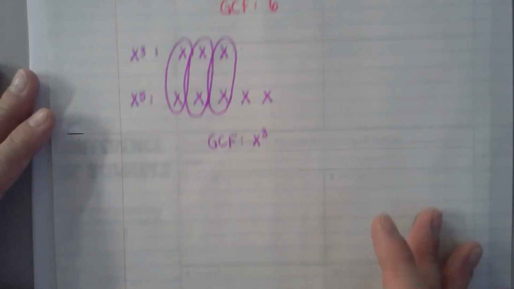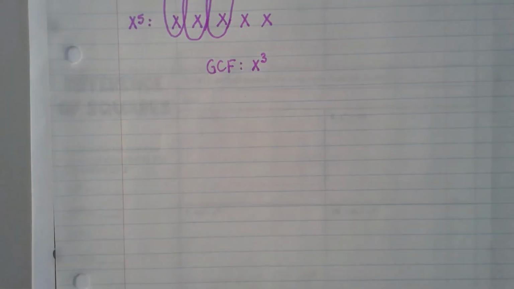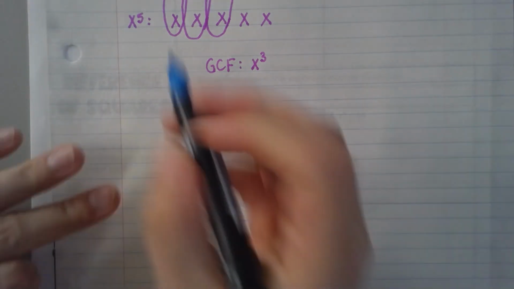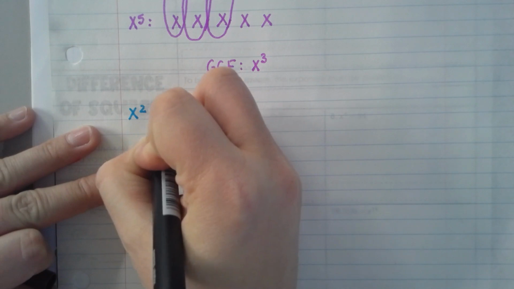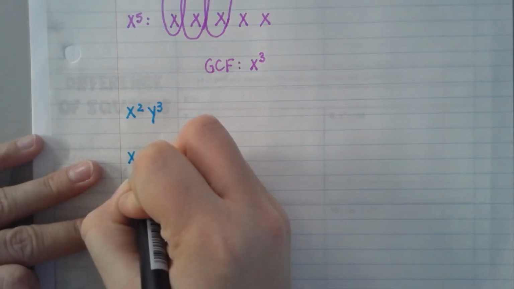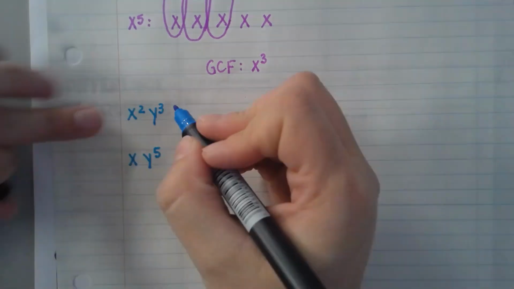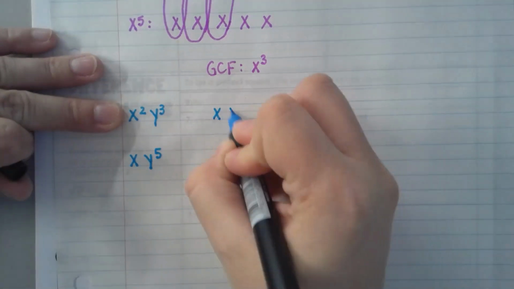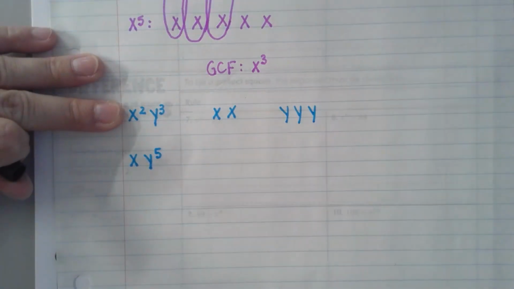It even works if we have multiple variables the same way. So let's see, if I have x squared y cubed and x y to the fifth, that is x, x, y, y, y.